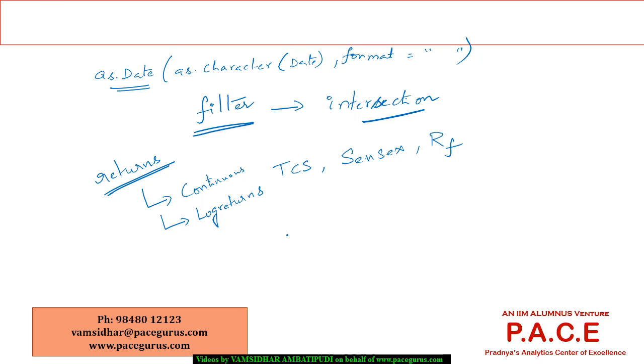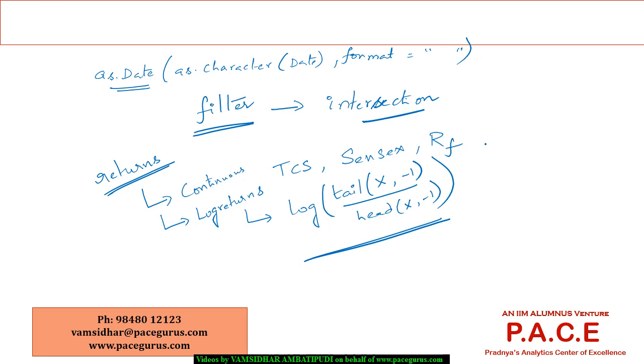If you remember, one way of directly finding the logarithmic returns is I'll take the log of the tail of the entire vector, except the first, which is the last value, and divide it by the head of the prices except the first. This gives me log of P2 by P1, or log PT by PT minus 1.